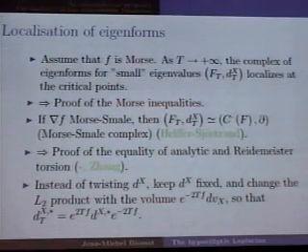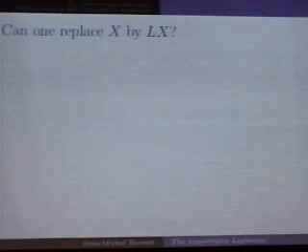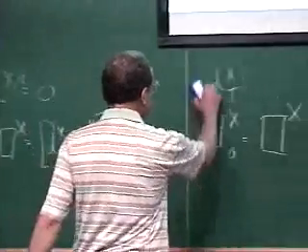So now what I shall ask is the following question. Can one replace the manifold X by its loop space? So LX here is the set of smooth maps from S1 into the manifold.